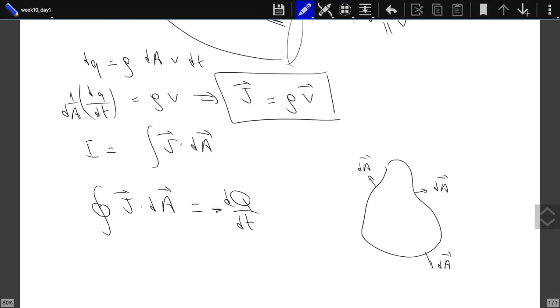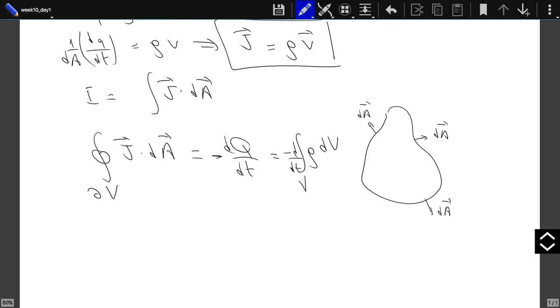Now let me rewrite this total charge in a different form. This is equal to minus d by dt of the integral of rho dV in this volume V, and here this integral is over the surface, or over the boundary of the volume V. Let me just rewrite it in a slightly different form, explicitly stating the arguments.